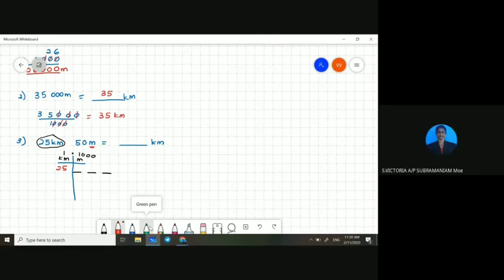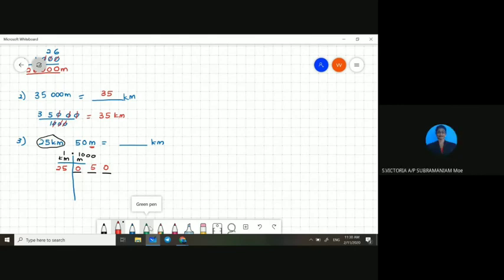Small unit means we need to write from behind, right? 0, 5. So what number are we going to replace in this line? 0. Remember, there must be 3 numbers in meter because there are 3 zeros in 1,000, right? So here we will replace 0.